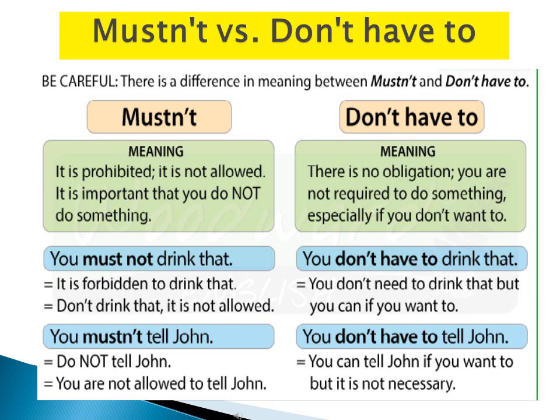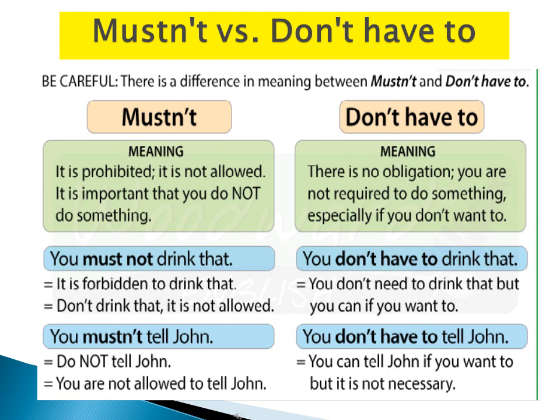Okay, now let's see the difference between mustn't and don't have to. So mustn't يعني لا يجب عليك فيها شيء, and don't have to يعني ما فيهاش الواجب. Okay, so be careful, there is a difference in meaning between mustn't and don't have to. هناك فرق في المعنى. نشوفوا استعمال المينين ديال mustn't, meaning ديالها it is prohibited, يعني ممنوع.